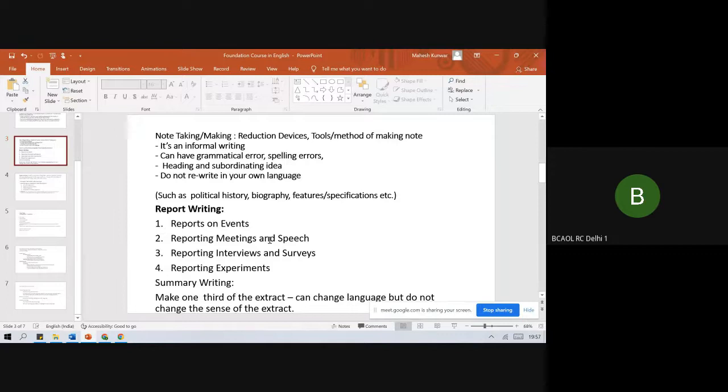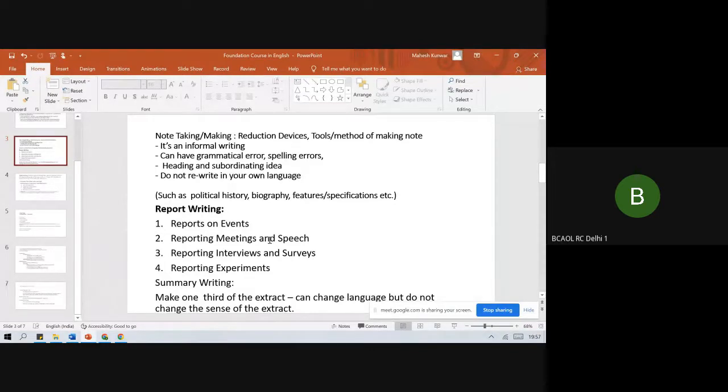Okay, and another important thing you have to consider while taking notes is that you must not write in your own language. You cannot change that topic or that text into your own language like in summary writing. If you write it in your own language based on your understanding, it would be summary writing again.